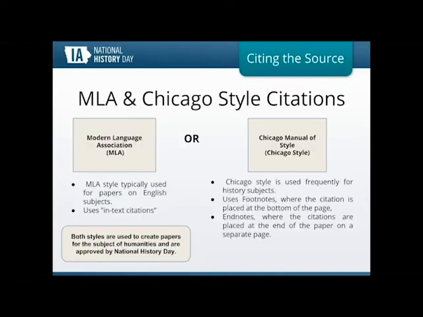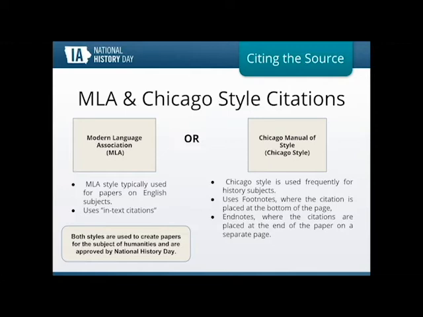All right, so let's talk about the two style guides with History Day that we can use. Many individuals in the National History Day in Iowa program use MLA, or what's referred to as the Modern Language Association. There's also another form called Chicago Manual of Style, better known as Chicago Style. Both styles are used to create papers for the subject of humanities, and both are approved by National History Day.